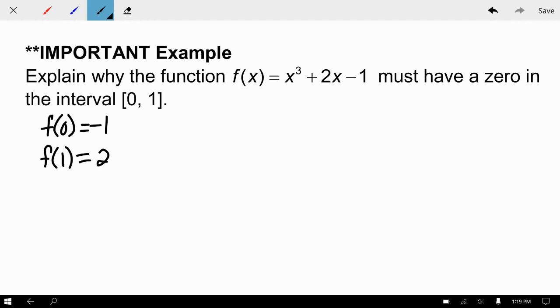So the way we justify it is actually to write out a statement. I'm going to write out an example and show you the key parts that have to be in it. You don't have to word your statement exactly like I do, but you have to have the same key information in your statement.